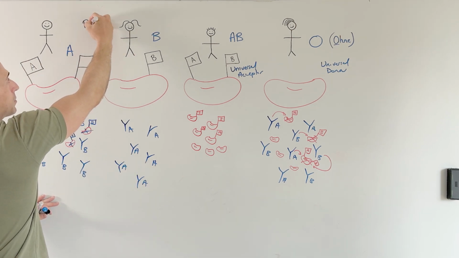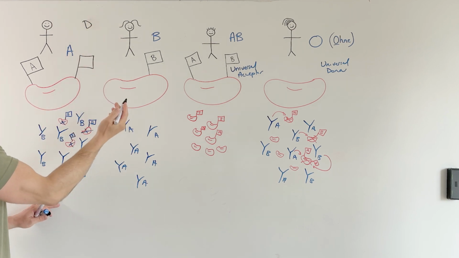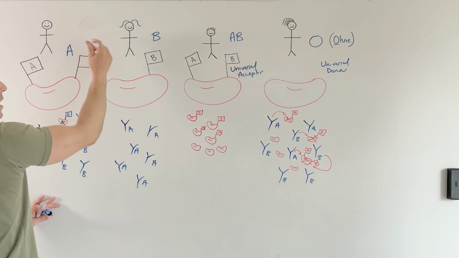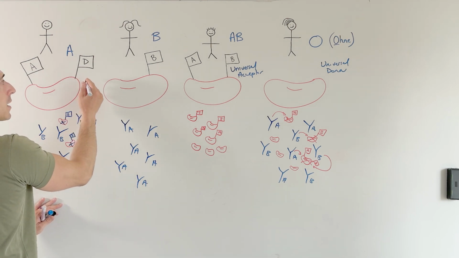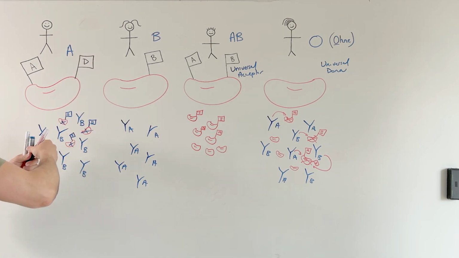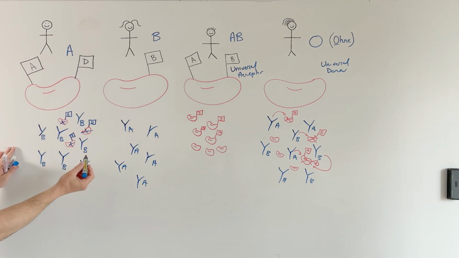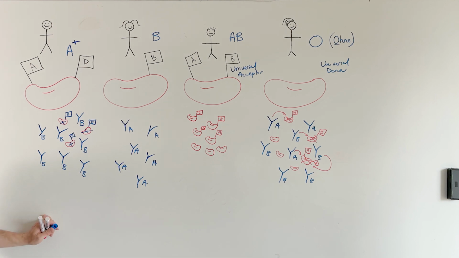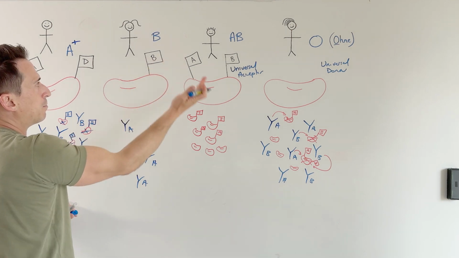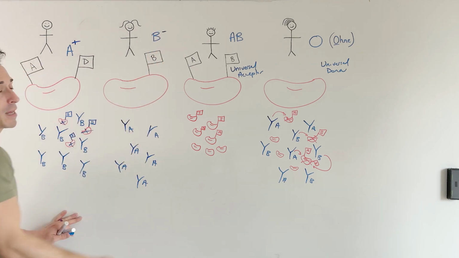You sometimes see it written as Rh, or more commonly written as D. So if you see a D flag, that means they have rhesus factor. Now, if you have the flag, you are positive. So this individual, if they wave both the A flag and the D flag, the rhesus factor flag, they're recognized as being A positive. That's their blood type. If this person only waves the B flag and no rhesus factor or D flag, they're recognized as B negative.